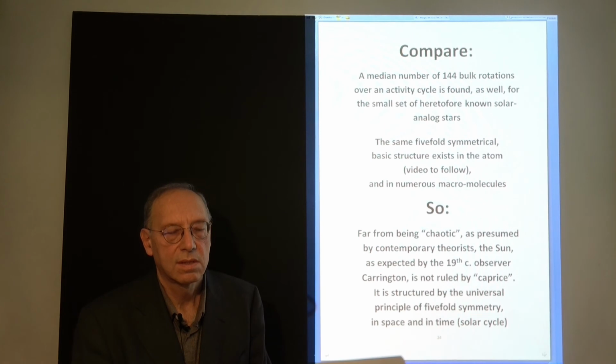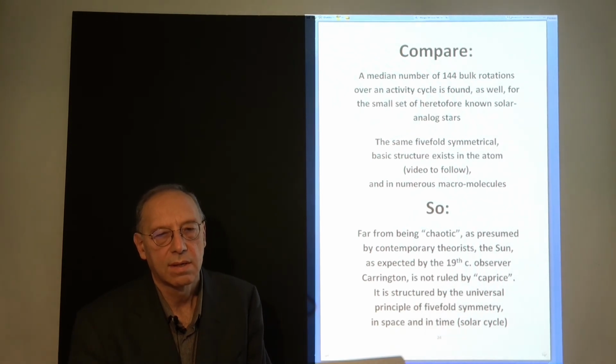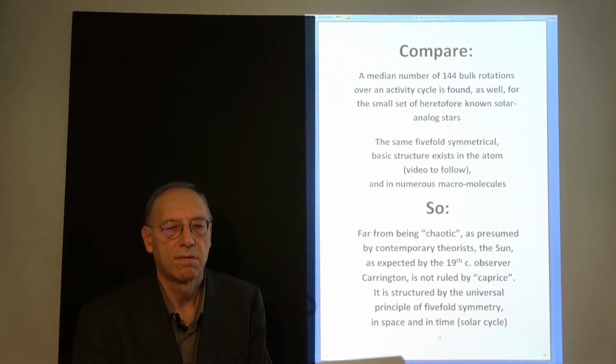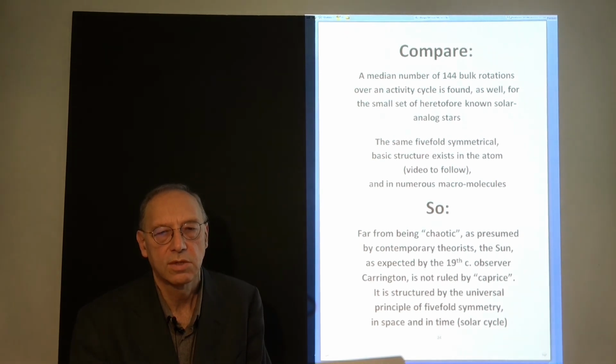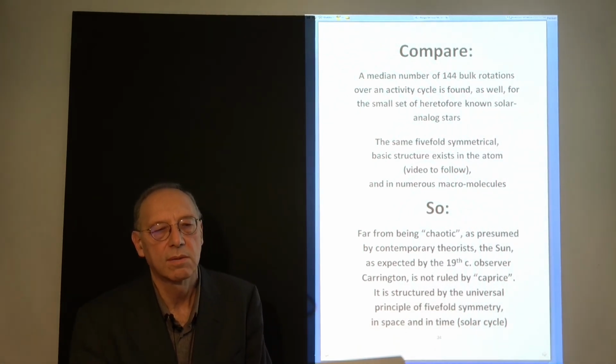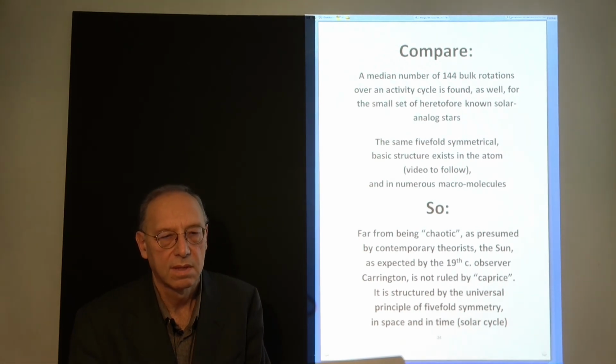So the Sun seems to abide by the rule of icosahedral fivefold symmetry in space and also in time, as shows the decomposition of its solar cycle. It is far from being a chaotic behavior or chaotic entity, as is, however, presumed by many contemporary theorists.